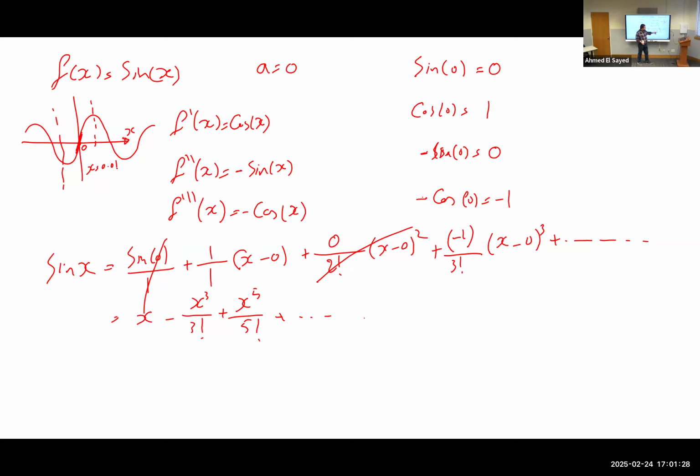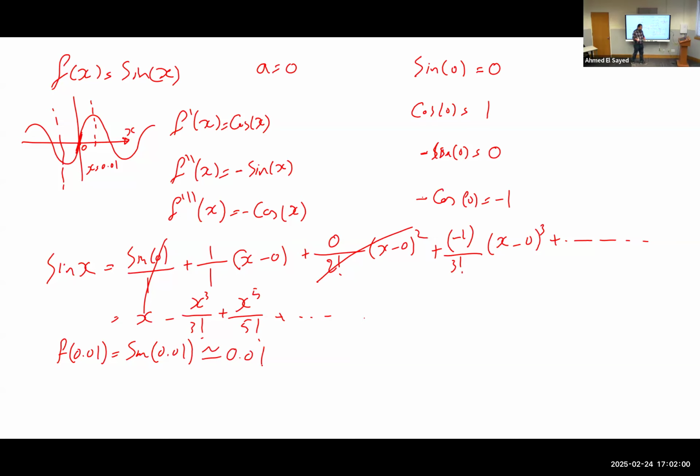Or something, like it will be 0.60501 to the power of 5, 10 zeros 1. So the number here decreases, right? So I can say with good confidence that f of 0.01 equals sine 0.01, almost equal 0.01, which is the first term, which is the x.